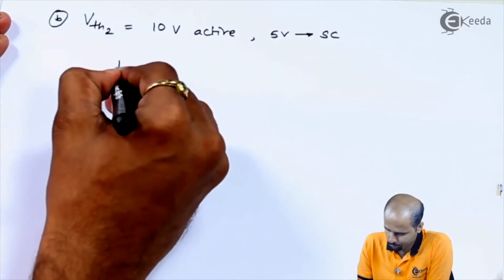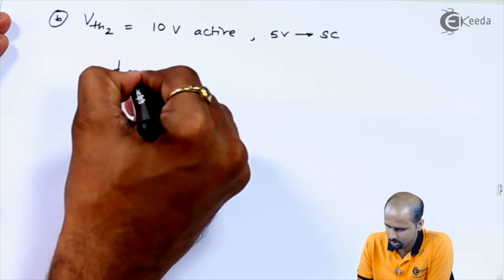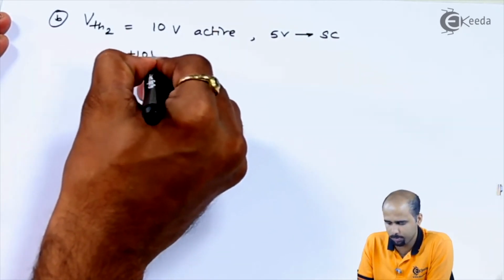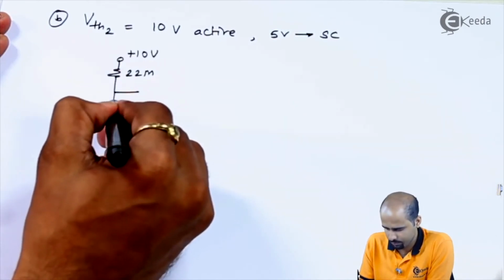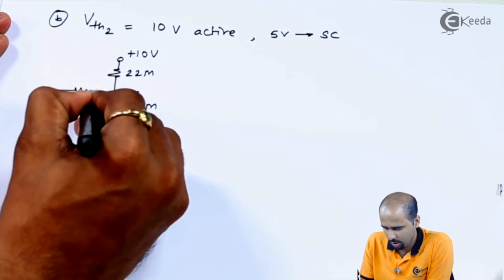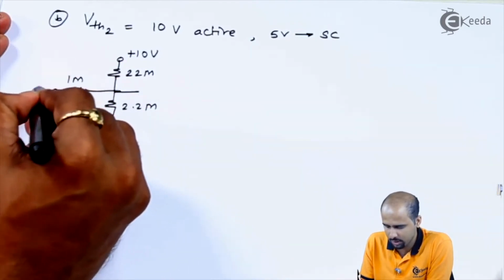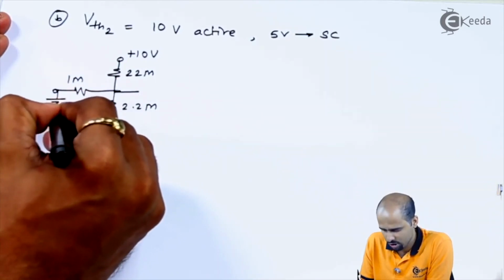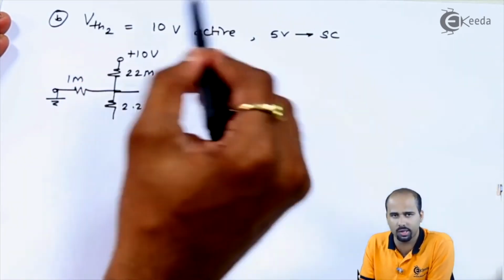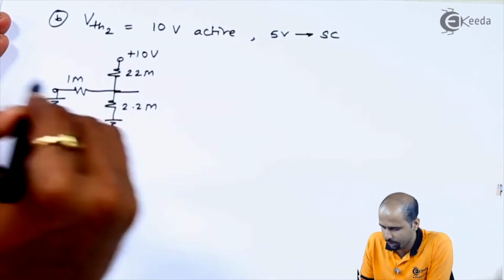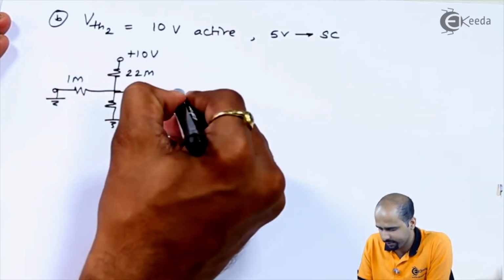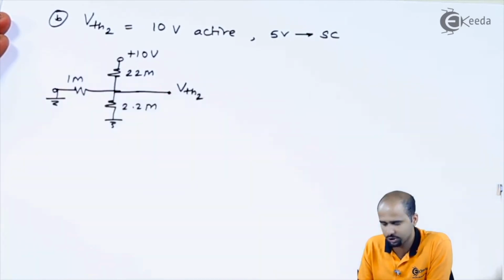So we will say that this 22 mega is connected to plus 10 volt, this 2.2 mega and 1 mega are now in parallel, because 1 mega is connected to plus 5 volt which is short circuited, connected to ground, and 2.2 is already connected to ground. So these two become in parallel, and I want to find out the value of VTH2.